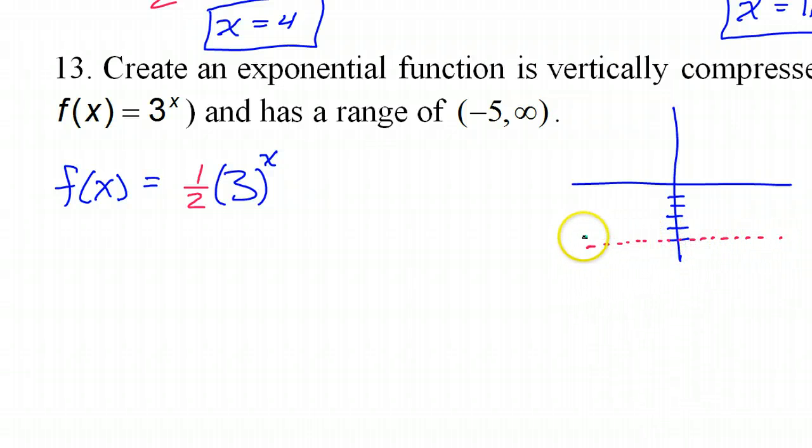And if the asymptote's down there, then that means the graph is flattening out here and going up like this. So that means the range, bottom to top, would be -5 to infinity, just like we want it. The range is always going to involve the asymptote, so this is just a fancy way of giving us the asymptote of -5, which goes right here in the equation.